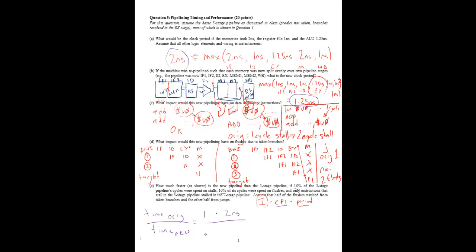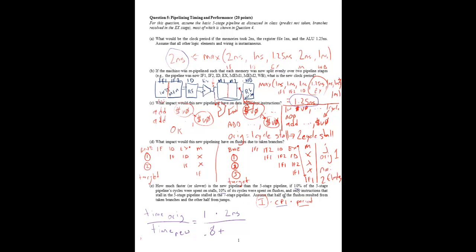And so that means 80% of the time was spent on instruction execution, so time that was not stalls and not flushes. And then we just need to figure out how much time was spent on stalls and flushes.